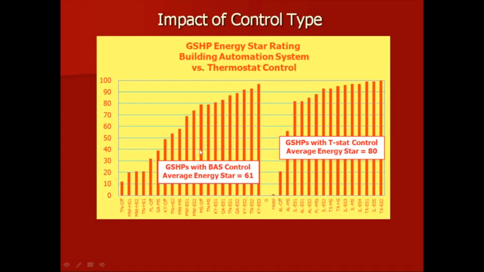But also, you might imagine that the buildings with control also tended to be the central systems, which didn't score too well. So it's hard to sort out if it was because of the central system being less than what you want it to be, or because of the control system.